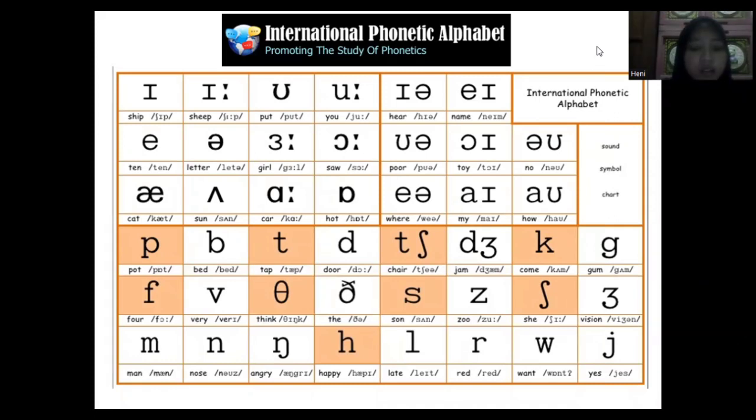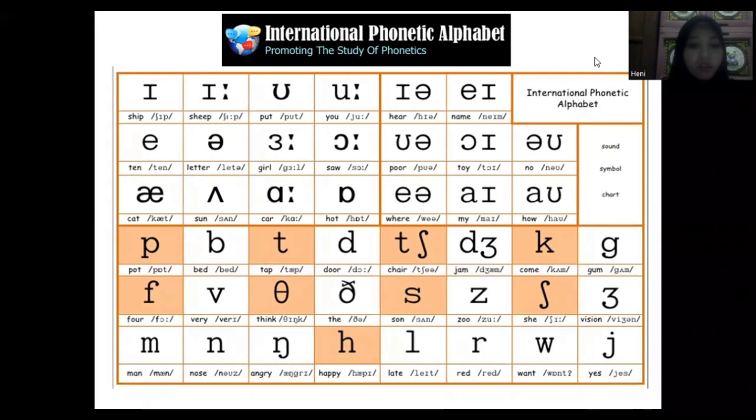Next, the nasal consonants are m, n, and ng. First, m. The example is man. Next, n. The example is nose. Next, ng. The example is angry.